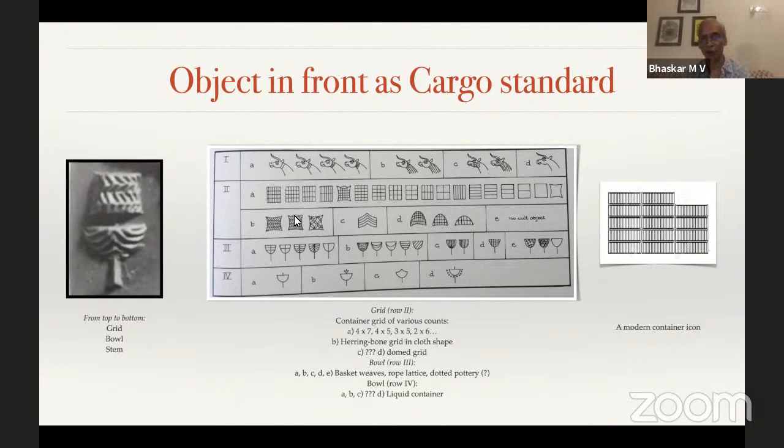That is also there in row B on top of this. We'll come to that. And then you have grids of various sizes. In some grids, we have only the vertical lines, and in some grids, we have only the horizontal lines.